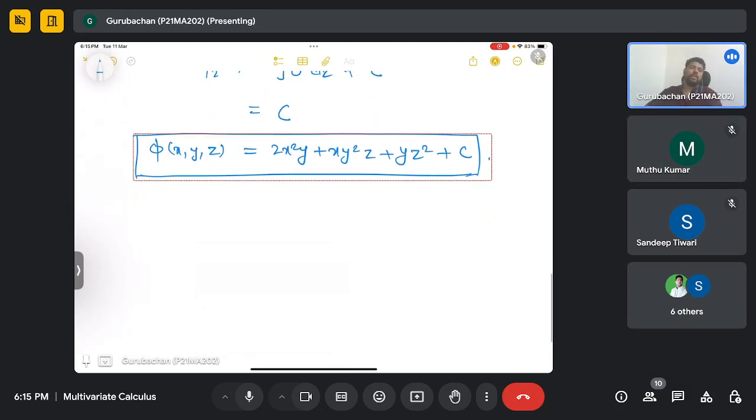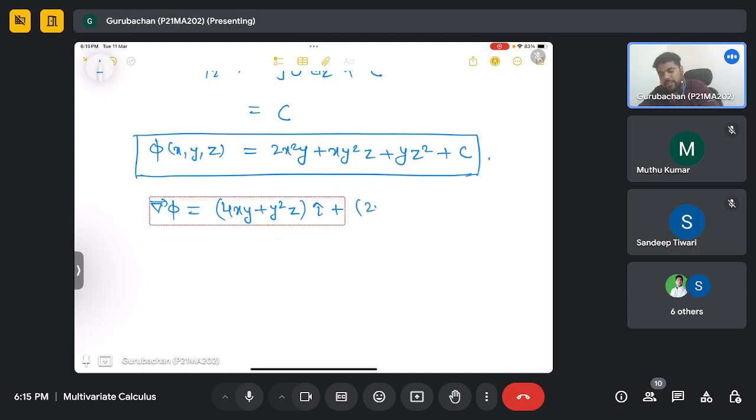So we got our phi x, y, z. Now we can cross verify it by calculating its gradient. Why I am doing that, we will get to know in the next question. While calculating its gradient, we will differentiate this phi x, y, z first with respect to x. So we will get 4xy plus y square z i cap.